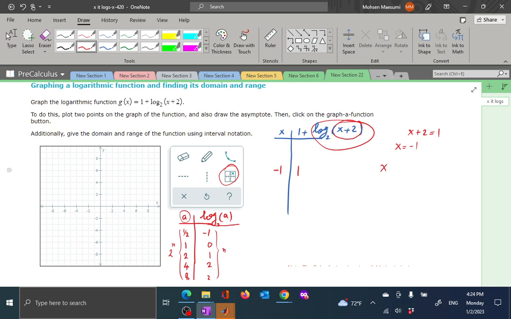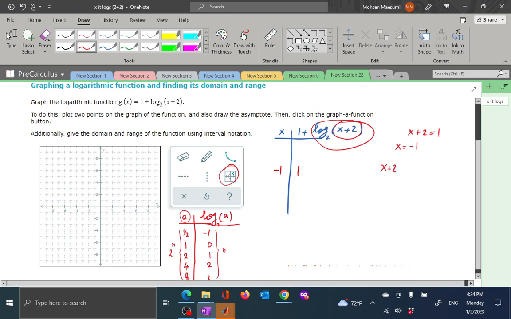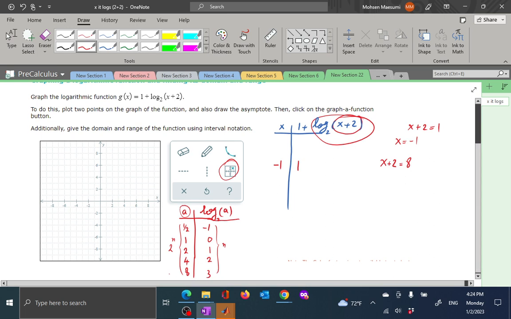Let's try this again. Suppose I take x plus 2 and I set it equal to, say, 8. Why is that good? Because I have to choose x equal to 6 now. 6 plus 2 is 8. Logarithm of 8 in base 2 is 3. I don't need a calculator for that. 3 plus 1 is 4.